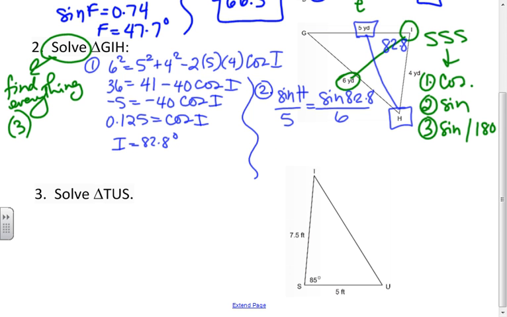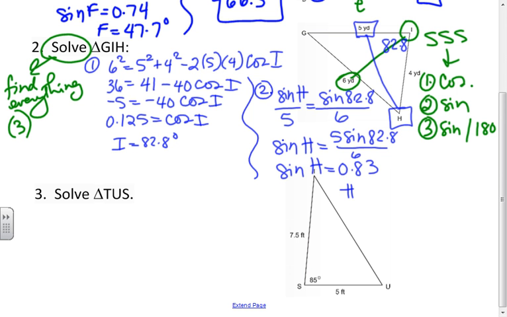Cross multiply and divide, and you end up with the sine of H is equal to 5 sine of 82.8 divided by 6. Work that out, use your inverse. I find that sine of H is 0.83, and so H is 55.8 degrees.